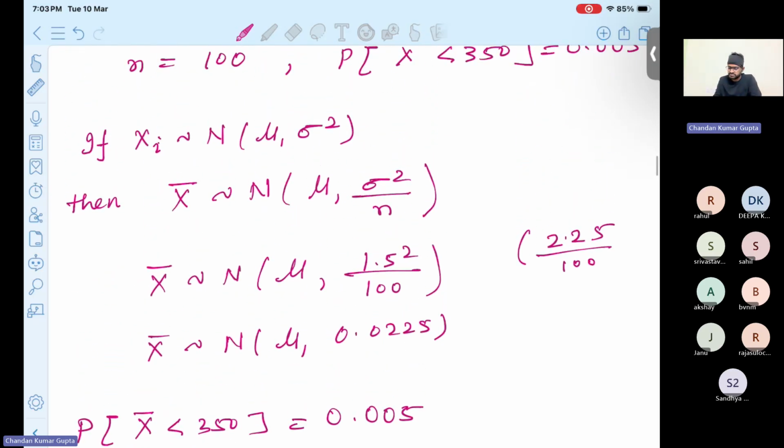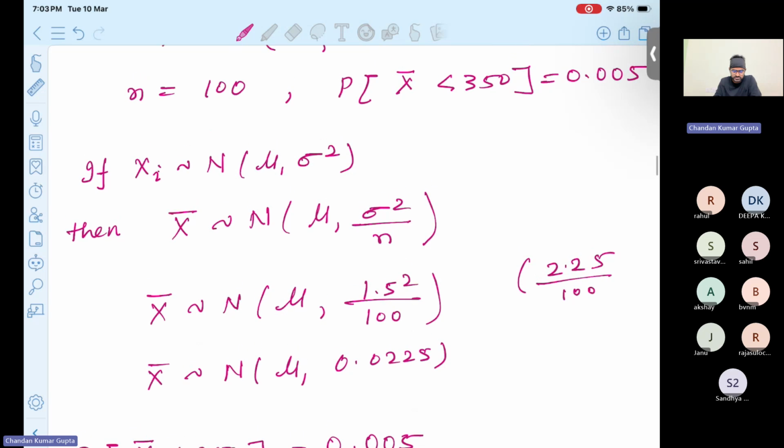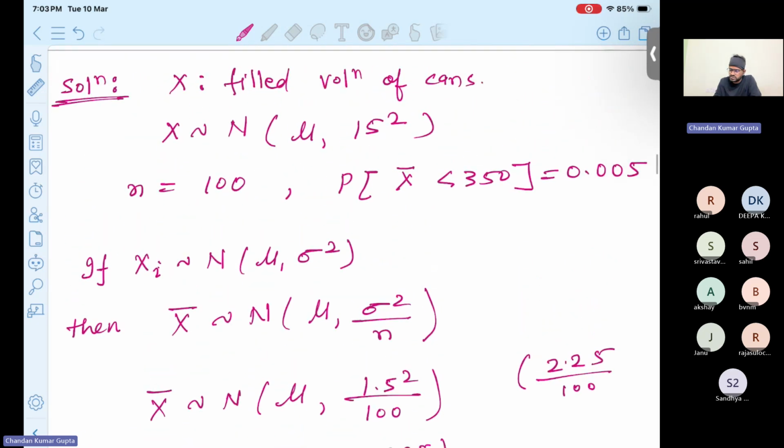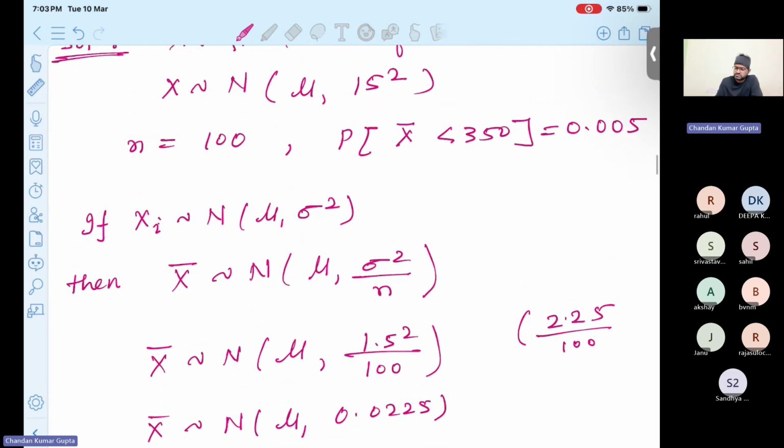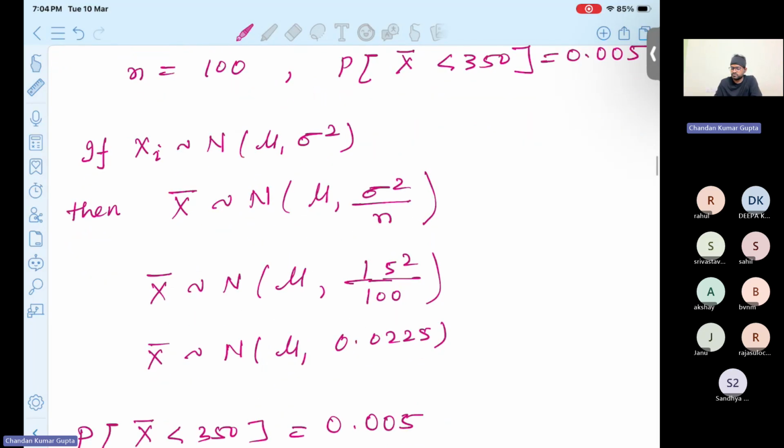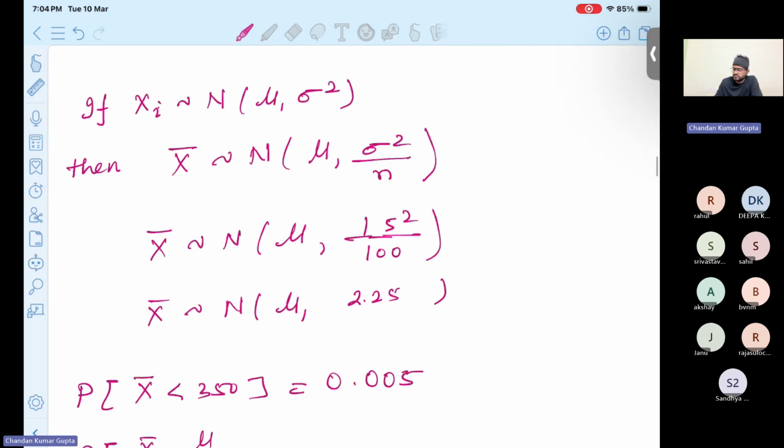Okay, am I missing something? It's 15 squared. Then why should I write here 1.5 actually? So obviously it's not this, it's actually 2.25.